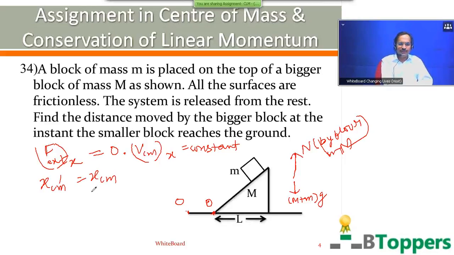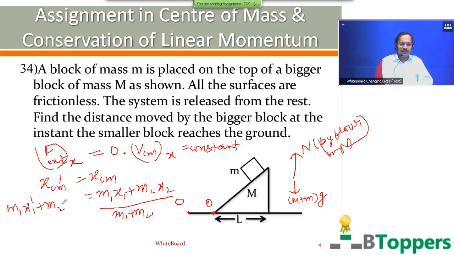So we write the x coordinate of the center of mass of the system with two masses m1 and m2 as m1 x1 plus m2 x2 by m1 plus m2. The new value of the x coordinate of the center of mass of the system of the two masses you can write as m1 x1 dash plus m2 x2 dash by m1 plus m2.